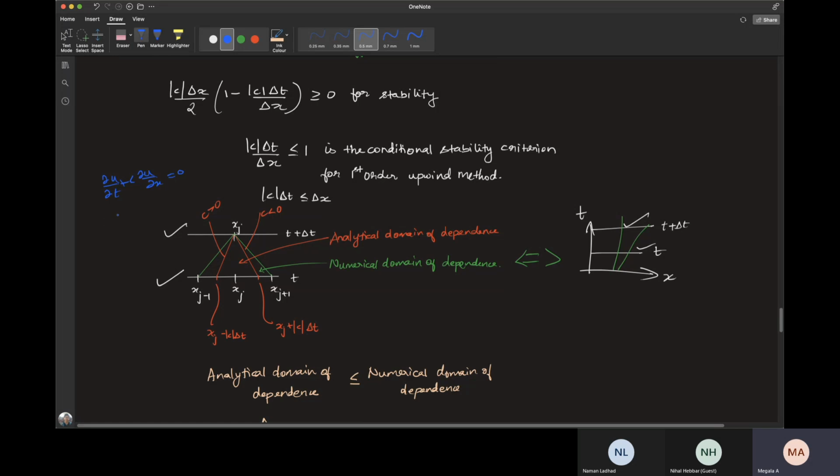This is a linear convection equation, and your solution u of x comma t will be something like u naught of x minus ct, right? So the solution at some t plus delta t will actually be equal to the solution along the characteristic that passes through this point xj at some previous time.